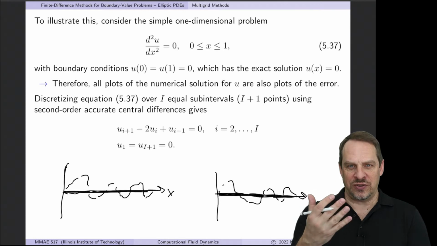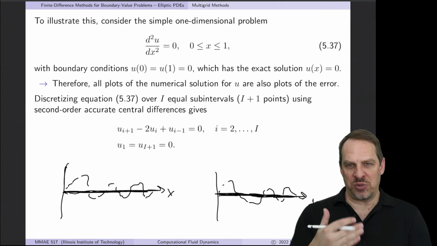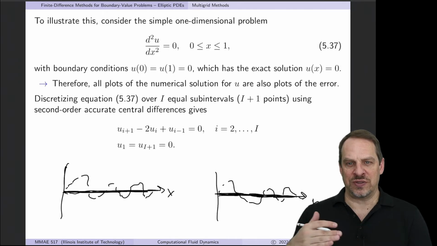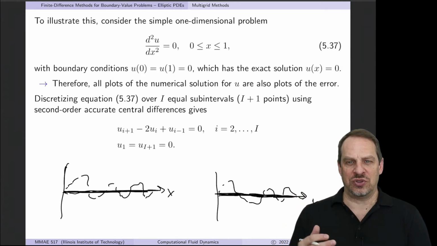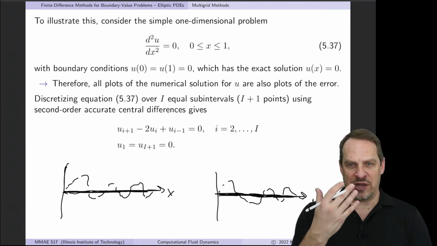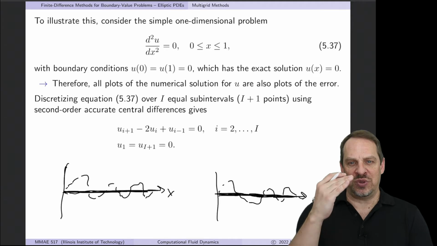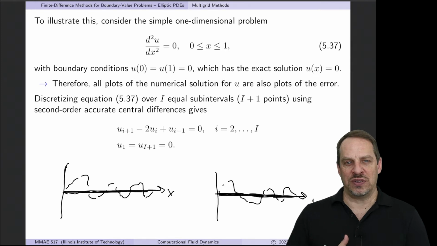Normally we'd have a non-trivial solution, and we would start with a trivial, probably just u is equal to 0 initial guess, and we would iterate until the solution gets close to the correct non-trivial solution. Here it's the opposite. We're going to start with a non-zero initial guess. That'll be the initial error, and then as we iterate, it should iterate towards 0. Just to make it easier for us to see how the iterative process is evolving.